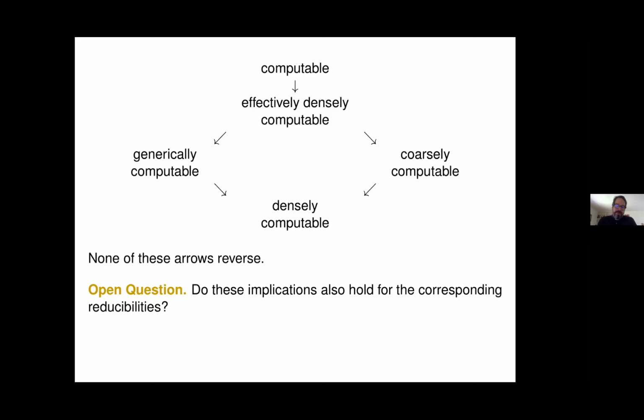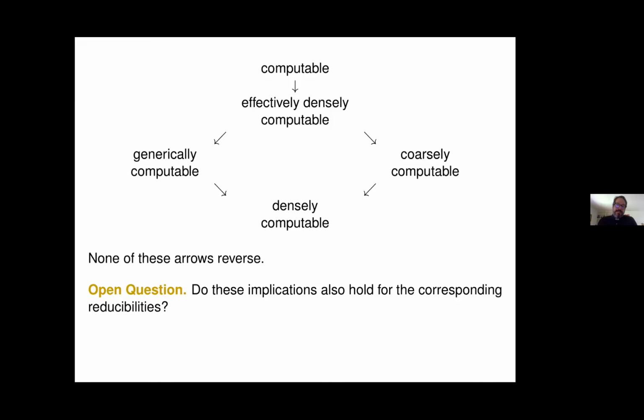So that's one question. And let me mention an even more embarrassing question, because it's even more basic in some sense. I gave the definition of these notions for sets, but you can give the same or similar definitions for functions as well, functions from natural numbers to natural numbers. You can talk about coarse descriptions, generic descriptions, and so forth.